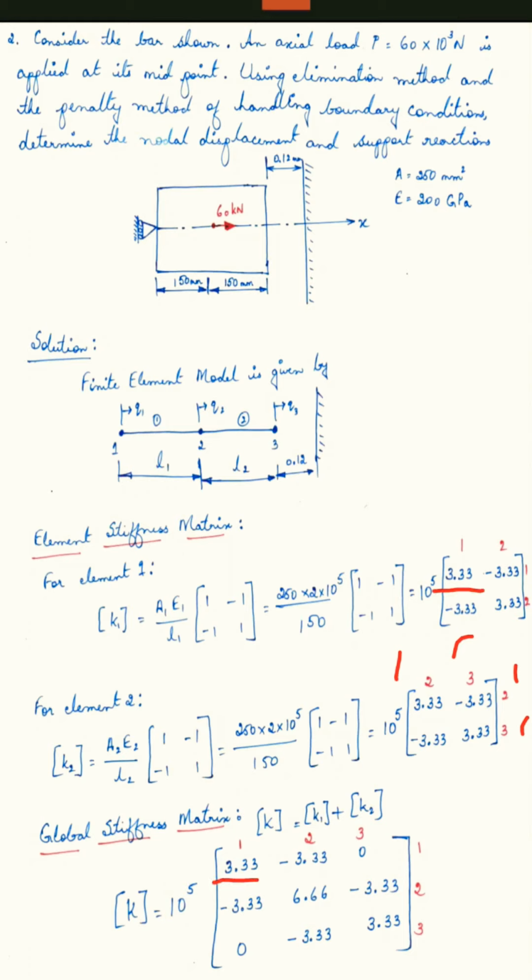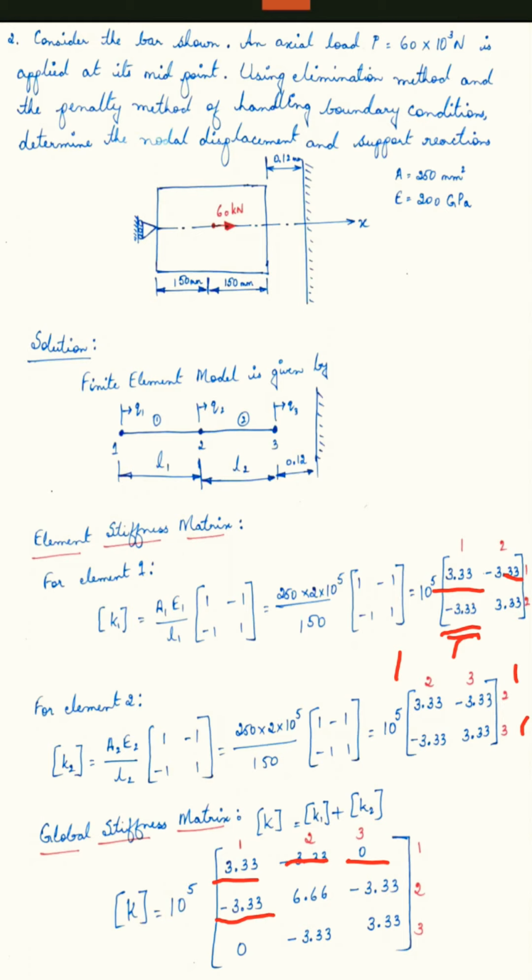Next, for second column, first row, the element present is minus 3.33. For the third column, first row, there is no element, hence we will take it to be 0. Next, for first column, second row, the element present is minus 3.33.